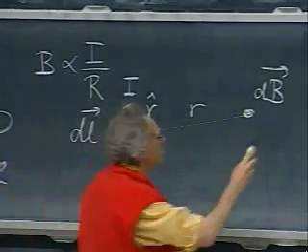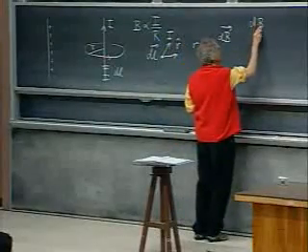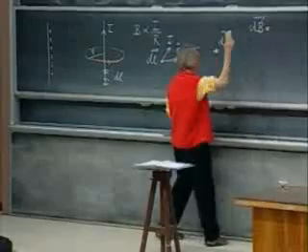Then the idea is that dB is a little bit of magnetic field.